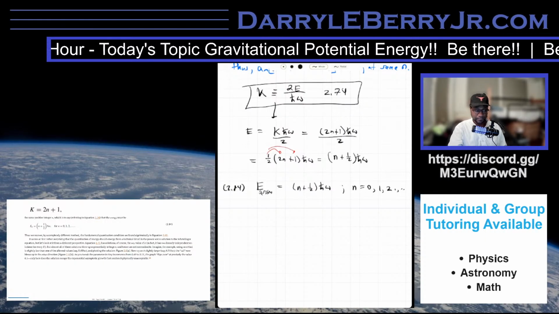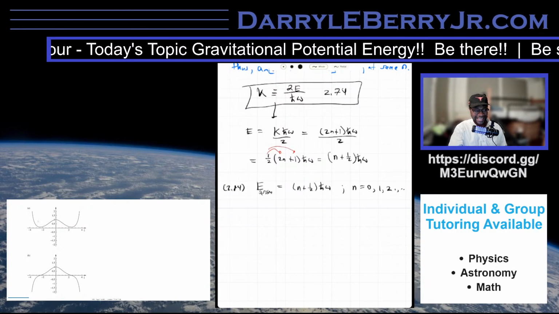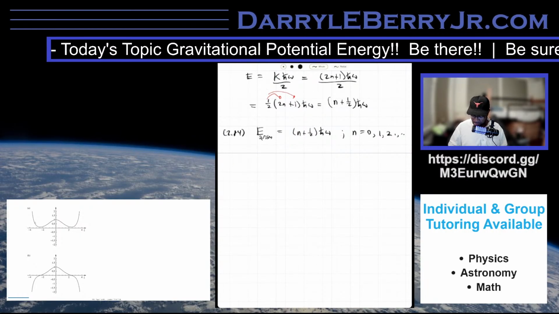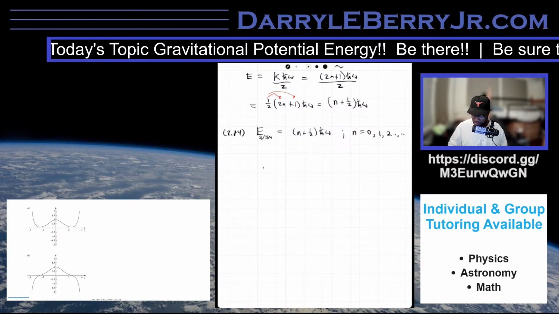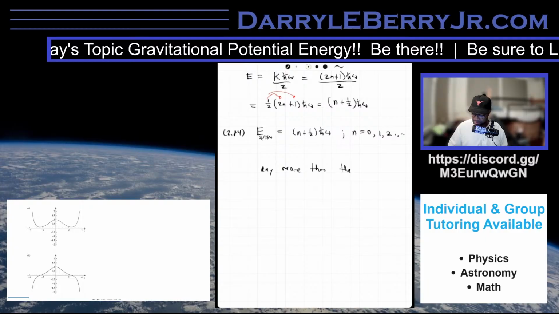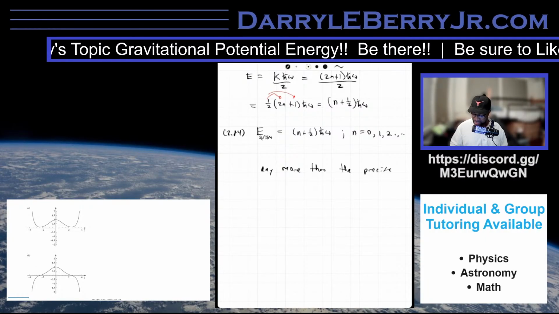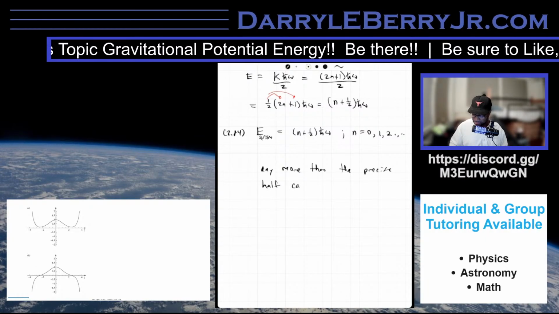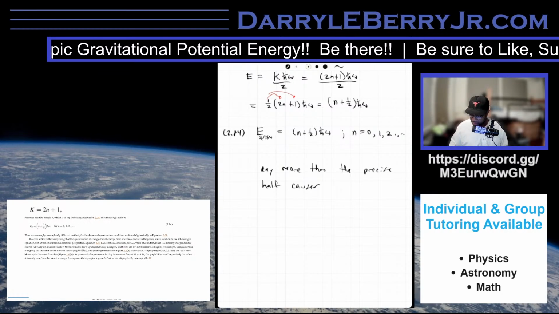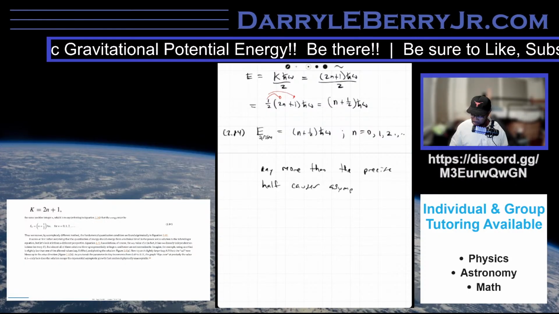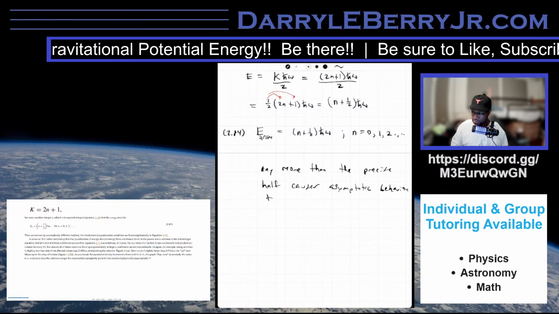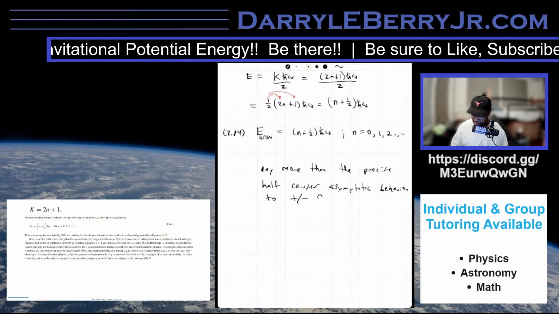It's pretty interesting. So only at that precise value. Basically, any more than the precise half causes asymptotic behavior to plus or minus infinity.